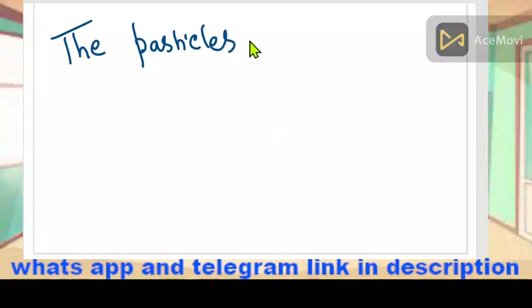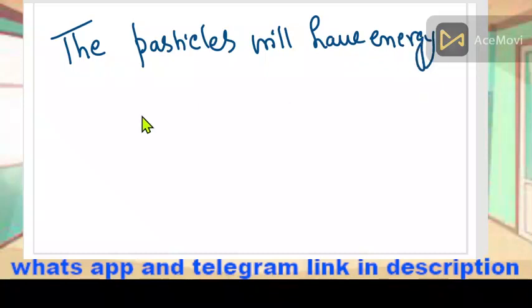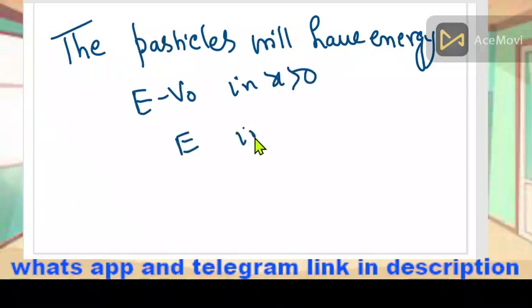The particles will come to the x greater than 0 region with their energy less than that in x less than 0. The particle will have energy E minus V naught in x greater than 0 and E in x less than 0.